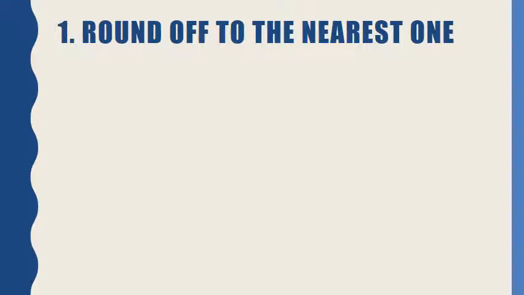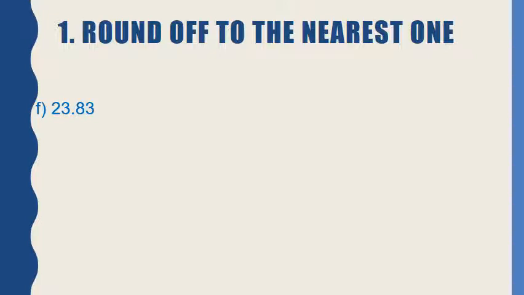Now let's come to the first question of our revision exercise. The first question is round off to the nearest one. So we are going to do the F part of this question. The decimal fraction is 23.83.